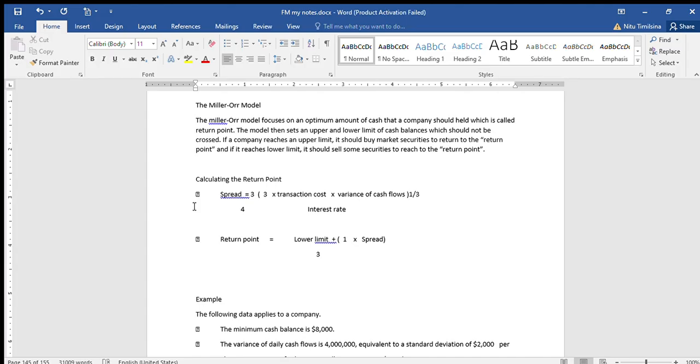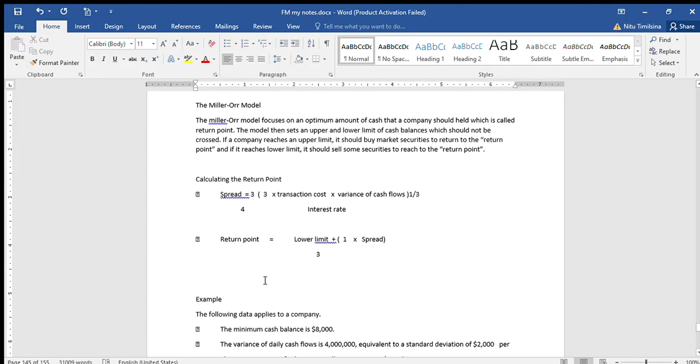If it reaches the lower limit, it should sell some securities to reach the return point.